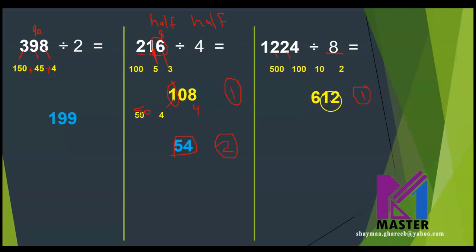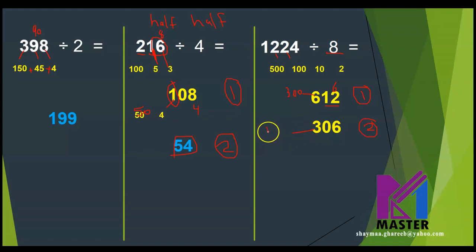Now let's find half 612. Half 600 is 300. Half 12 is 6. So half 612 is 306, and this is the second half. So now let's find the final and the third half.